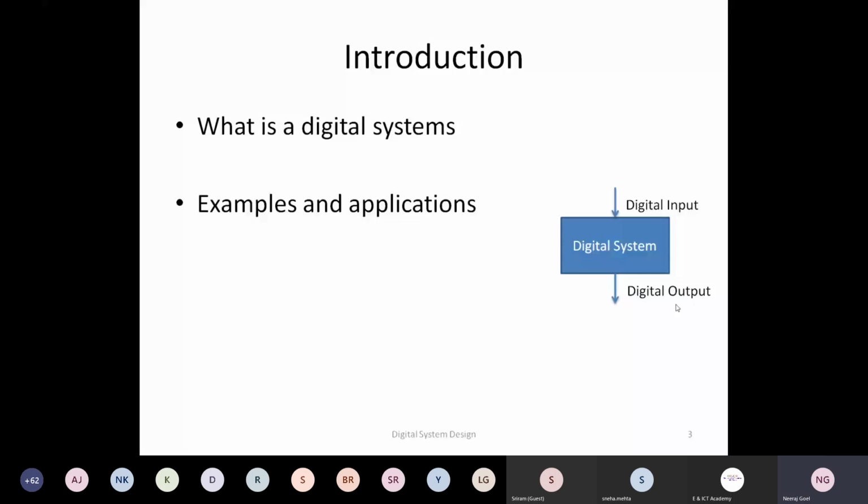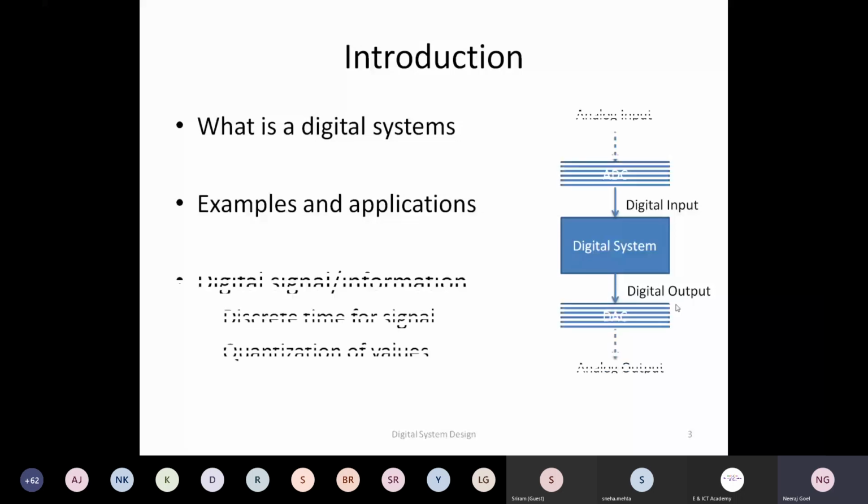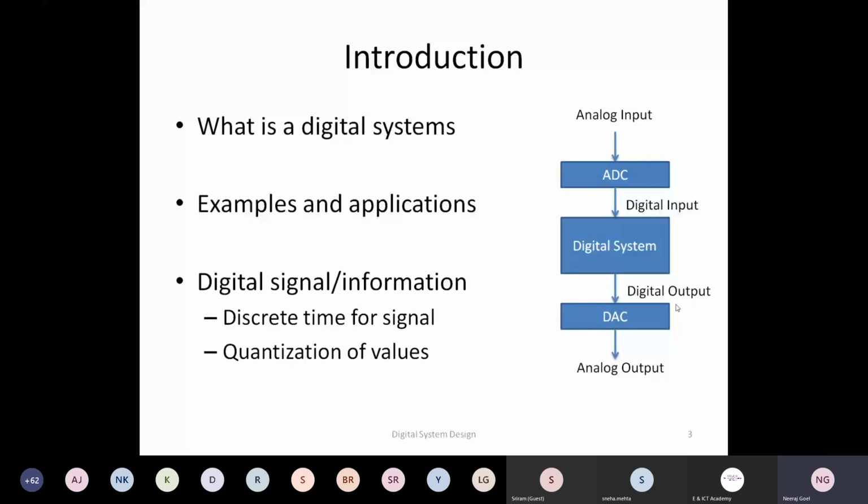In other words, the world we see, the senses we have, or whatever data we interpret is mostly analog in nature, but still we are talking about digital systems. So how are things done?